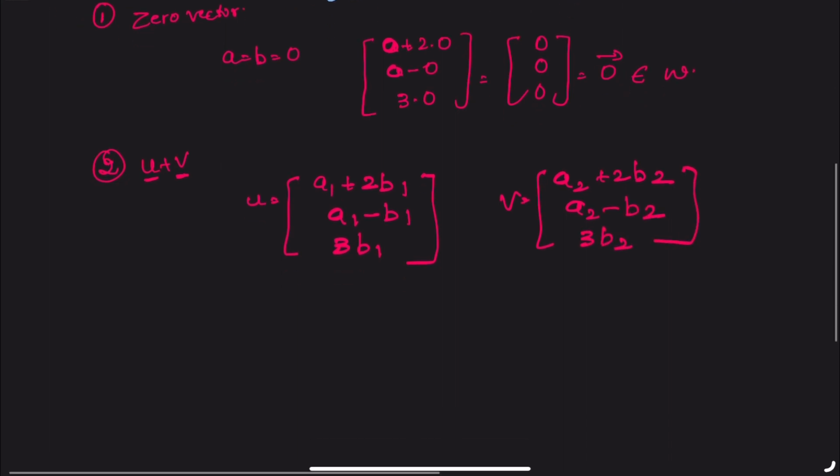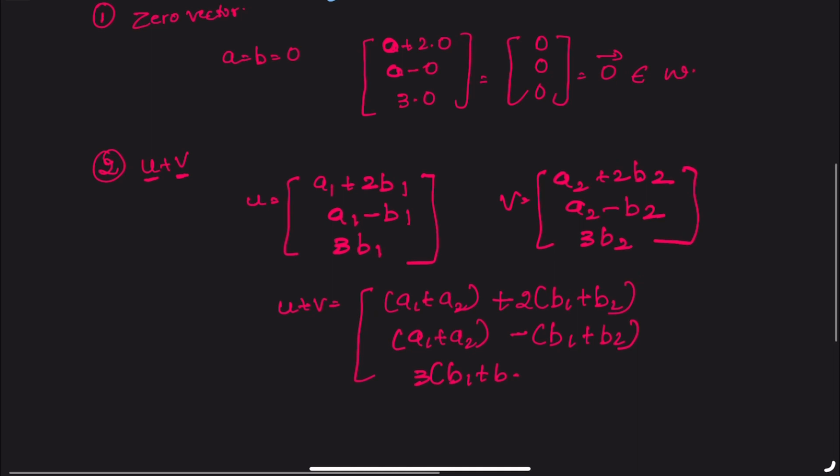Now we have two vectors, and we have to add them. u plus v is equal to (a1 plus a2 plus 2 times (b1 plus b2), a1 plus a2 minus (b1 plus b2), 3 times (b1 plus b2)).